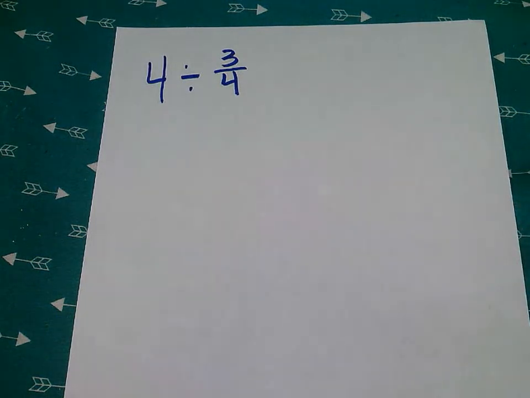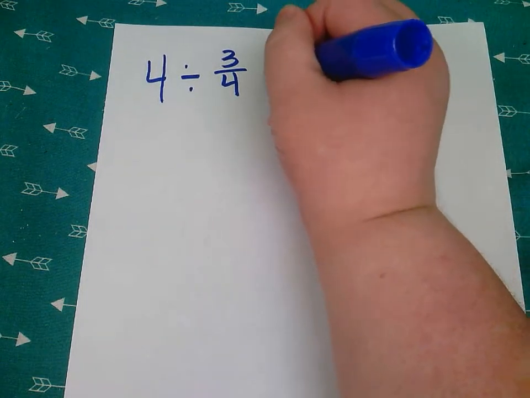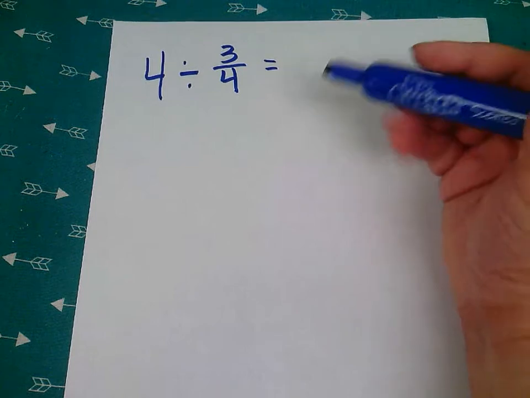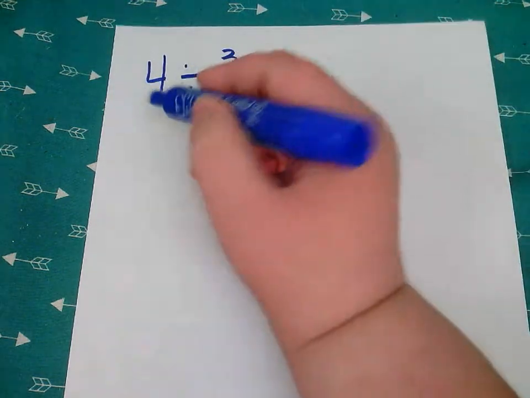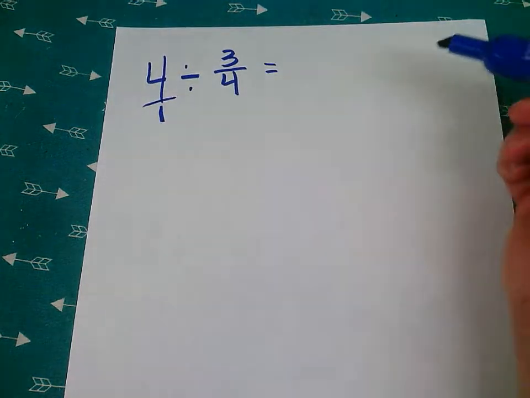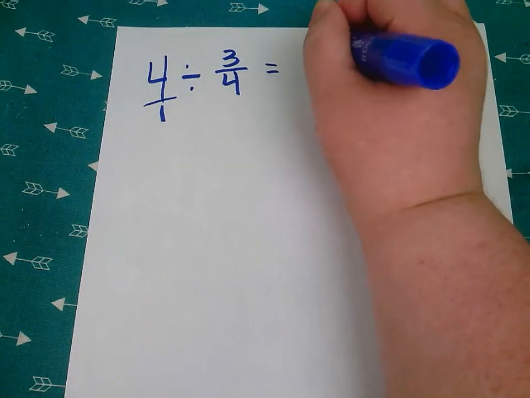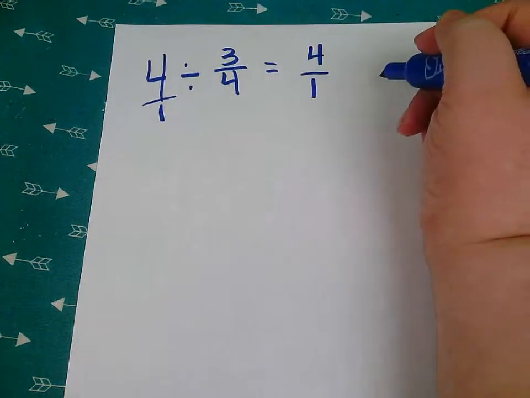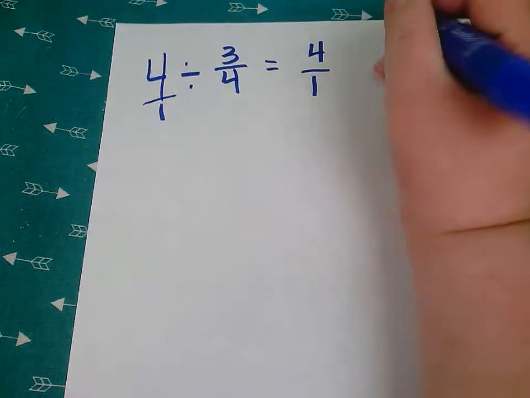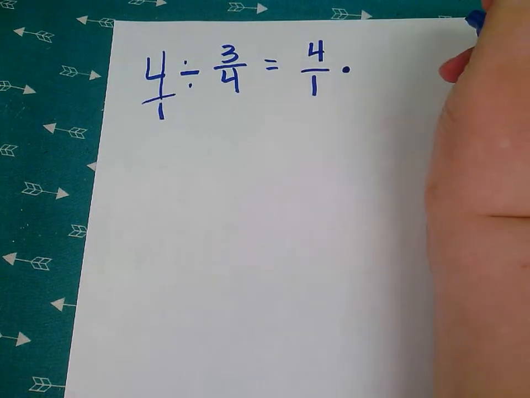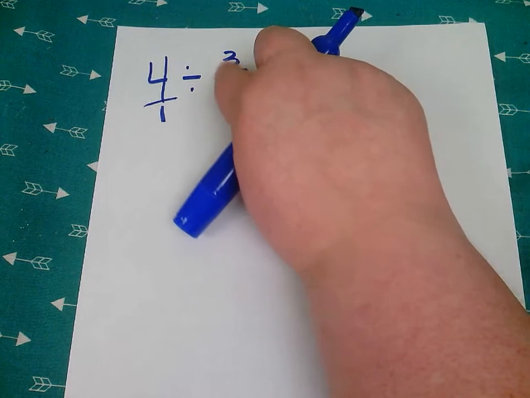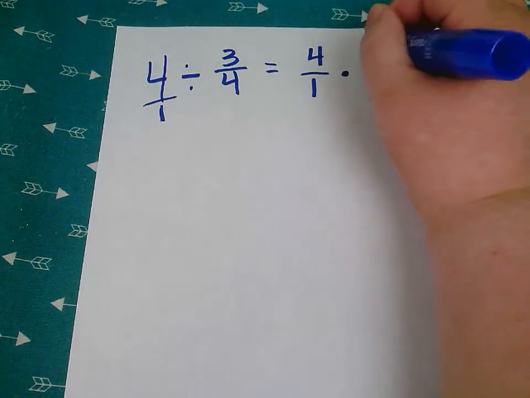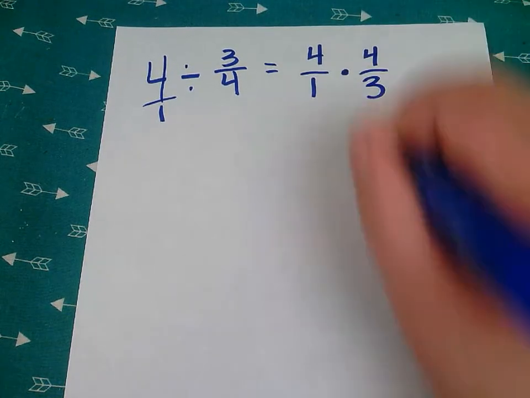Well, I know first off, before I model it, I can change that into a multiplication problem. I know whole numbers always go over 1. And I'm going to start with that. 4/1, that stays the same. I find the opposite, so that is multiplying. And I find the reciprocal, which is 4/3.